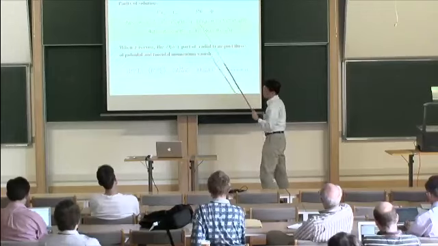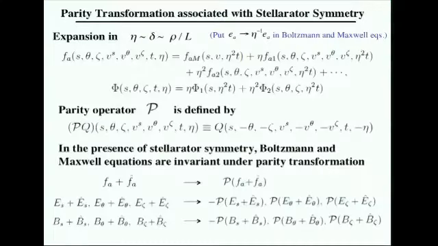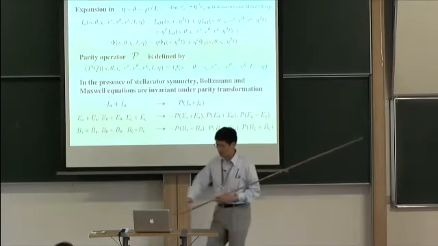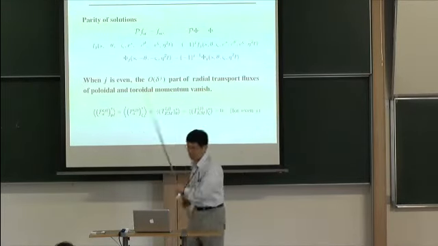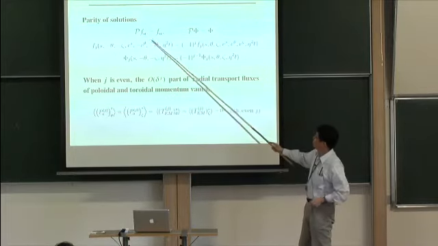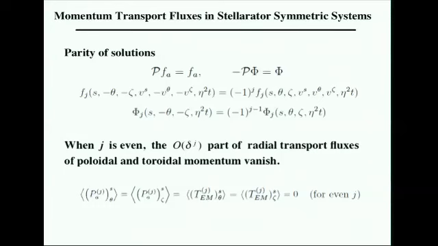Okay, and also, assuming this kind of expansion, the lowest order is completely symmetric with this, then from the uniqueness of the solution, we can expect a complete solution of the distribution function and potential having this parity.